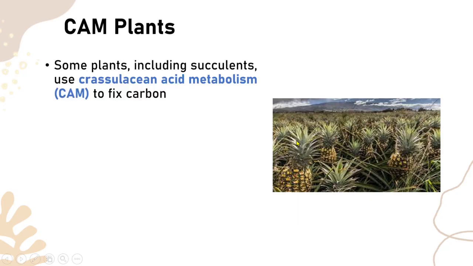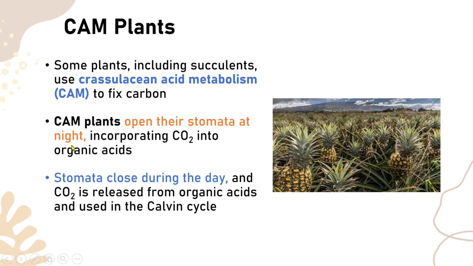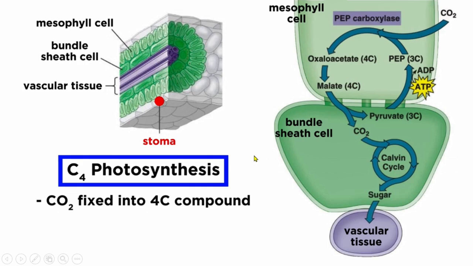Now, another important thing is that the stomata close during the day. That is where this portion will happen, the release of carbon dioxide. And at night time, when there is no transpiration that could happen, there is less loss of water, and this is where carbon dioxide can be fixed to become a 4-carbon molecule.